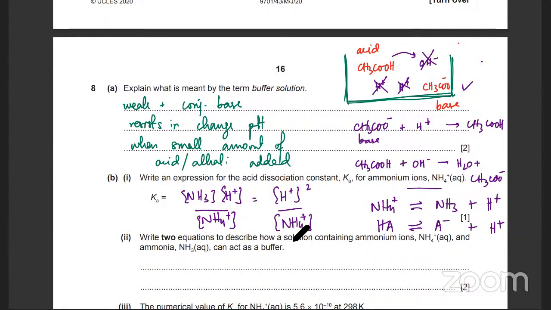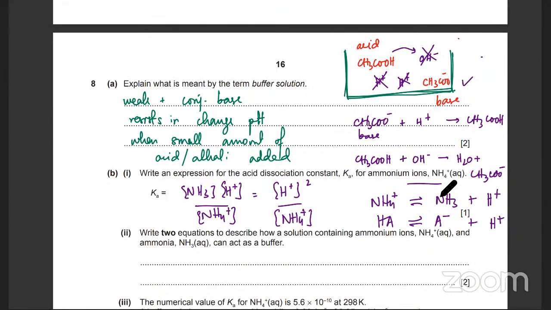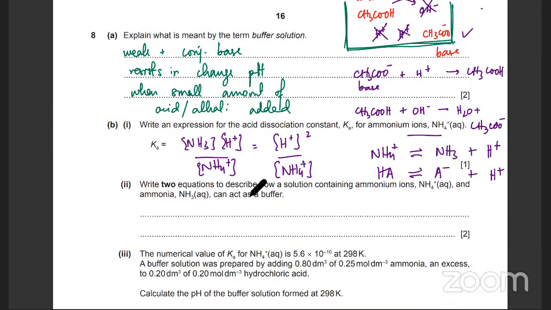Now, write two equations to describe how a solution containing ammonium ions and ammonia can act as a buffer. Now, you have to understand that ammonium ions are the ones that would act as the weak acid. So if you add OH ions into the solution, the ammonium ions are the ones that would start behaving as an acid. They would start releasing H plus 1 ions, this one would release an H plus 1 to neutralize the OH ion.